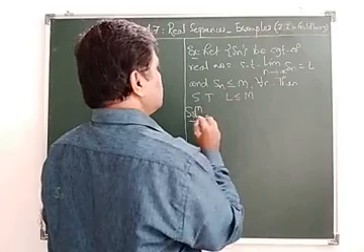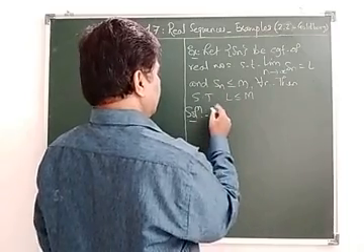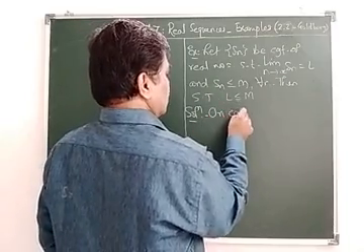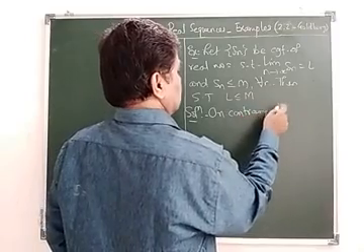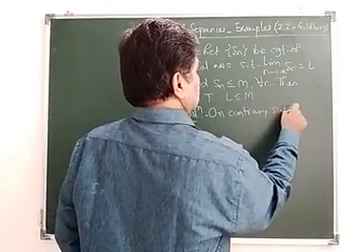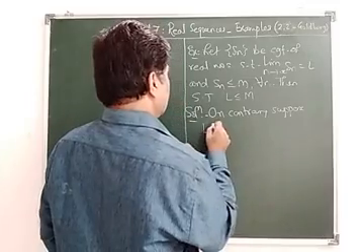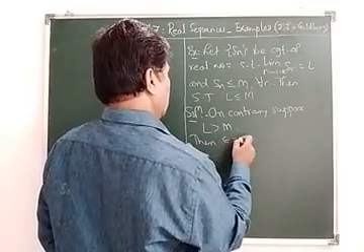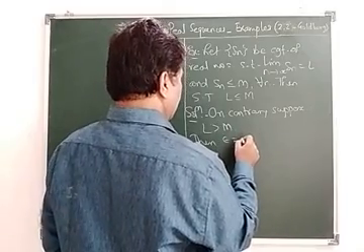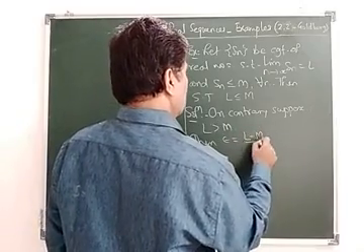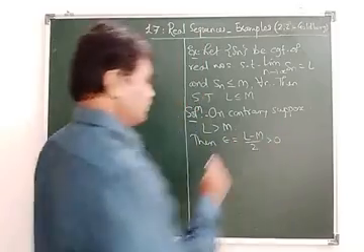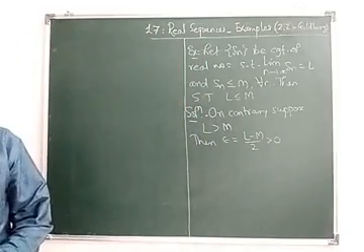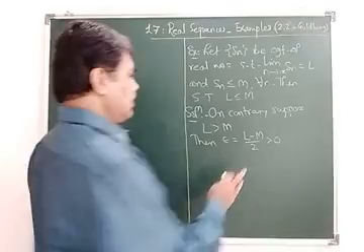On the contrary, suppose L is greater than M. Then epsilon is equal to L minus M, which is greater than 0.